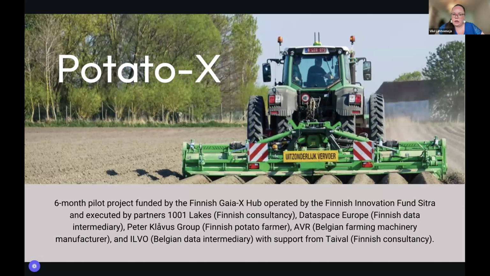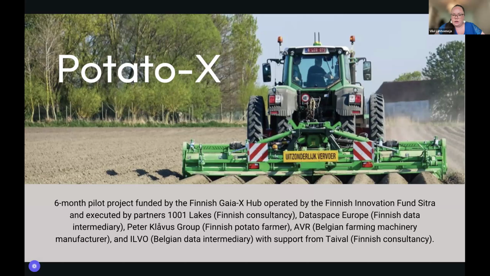We are a Finnish consultancy who specialize in multilateral data sharing arrangements from the governance, business, legal, and technical points of view. We also had Dataspace Europe, who is a Finnish data intermediary. We had the Peter Klovos group, Peter is a Finnish potato farmer.